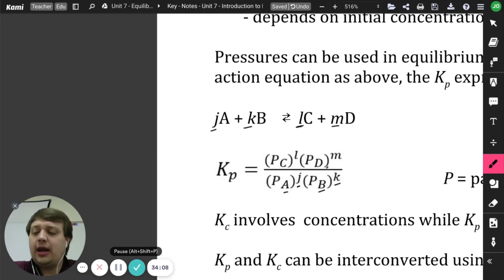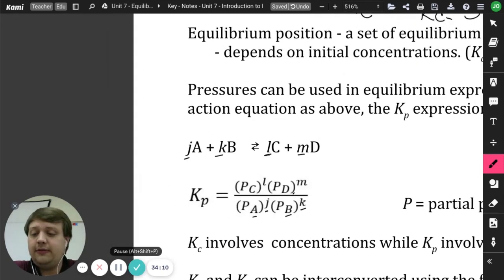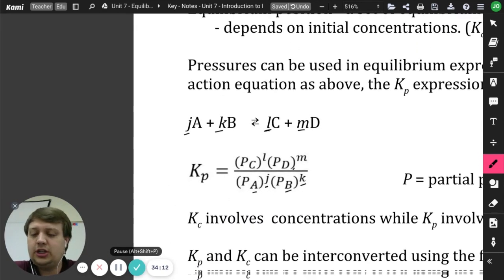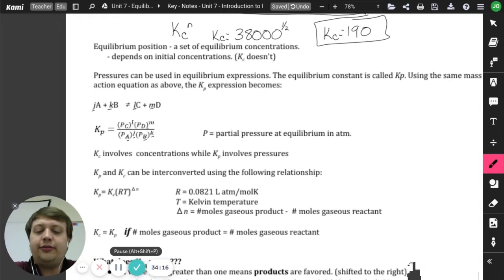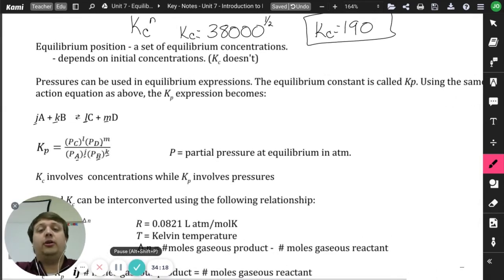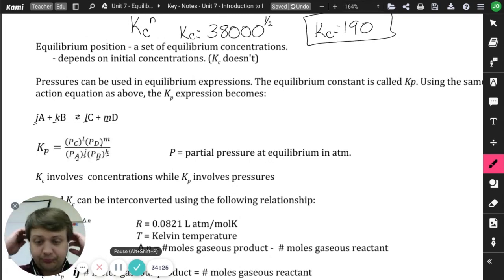One thing I will first remind y'all of is that if we're talking about pressure, we're not talking about concentration, so we will not use those brackets, because those brackets represent concentration. P is going to be the partial pressure at equilibrium.